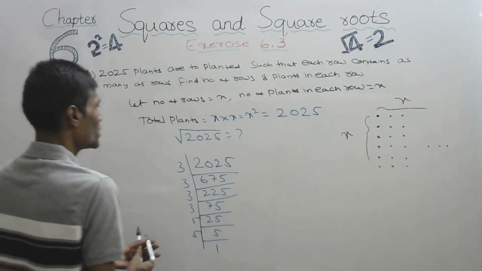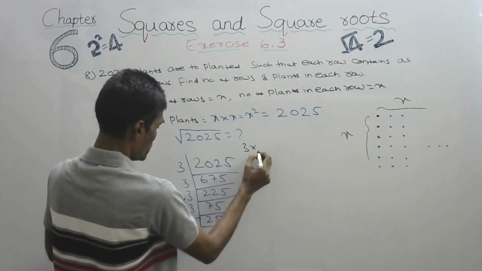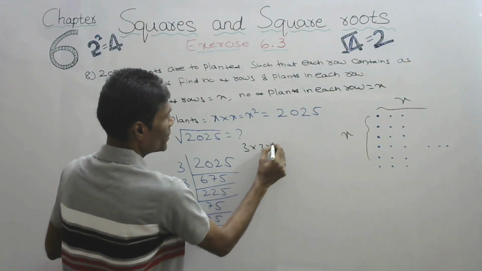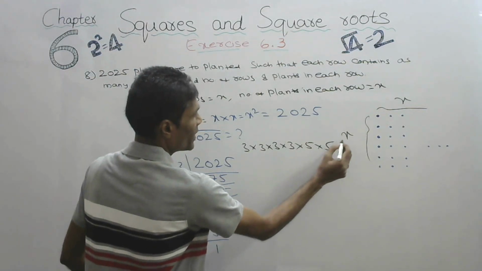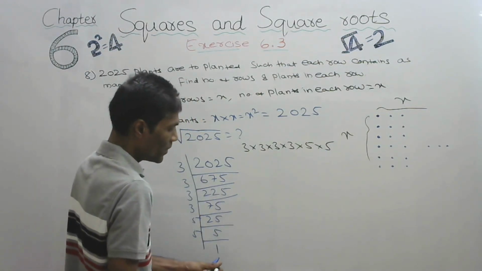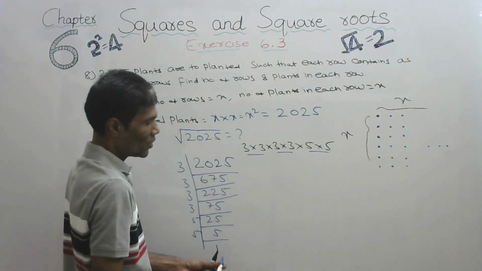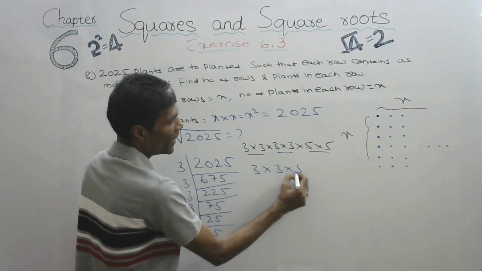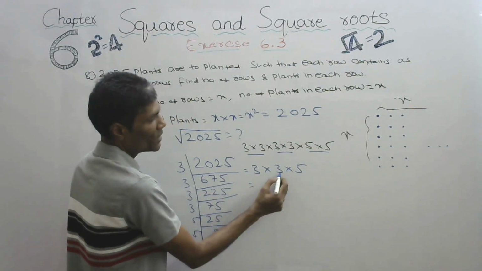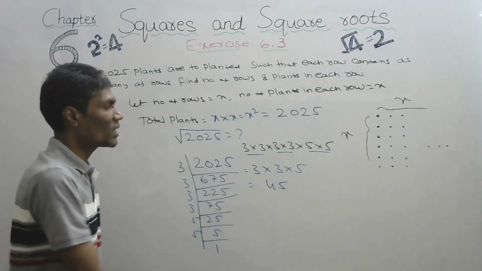So this is 3 into 3 into 3 into 3, 5 into 5. So if we pair up, one pair, another pair, another pair, it will be 3 into 3 into 5. 3 3s are 9, 9 5s are 45. So we got the answer as 45.